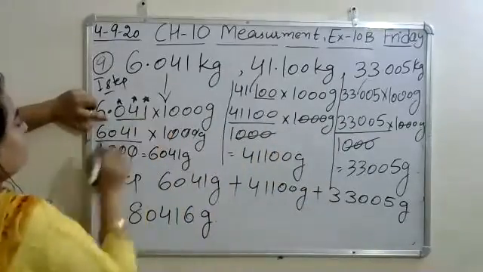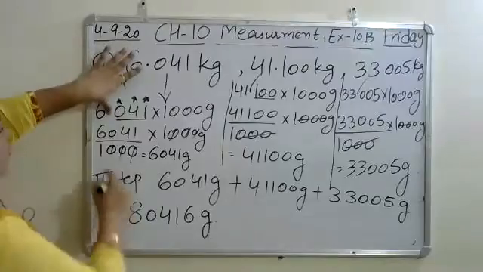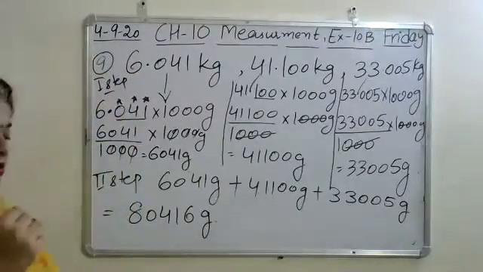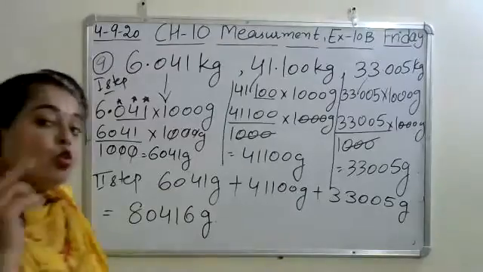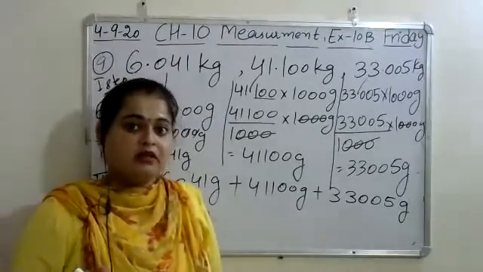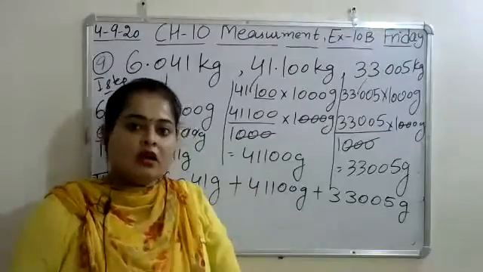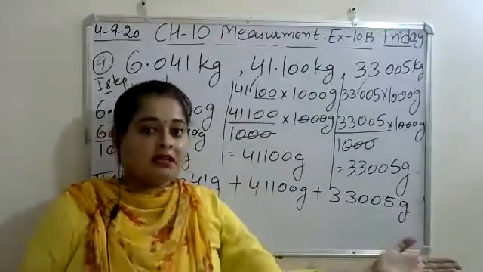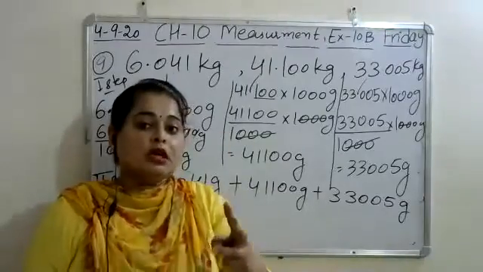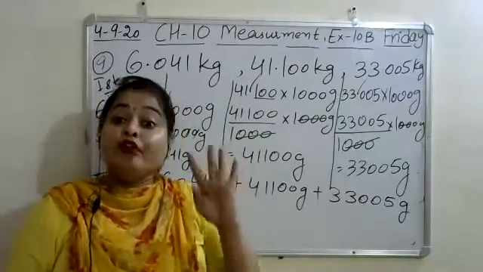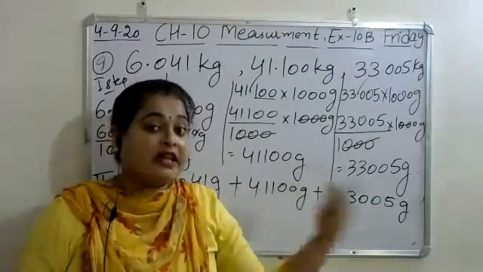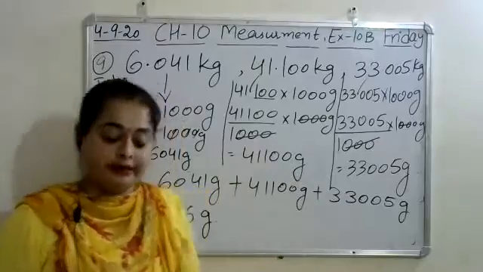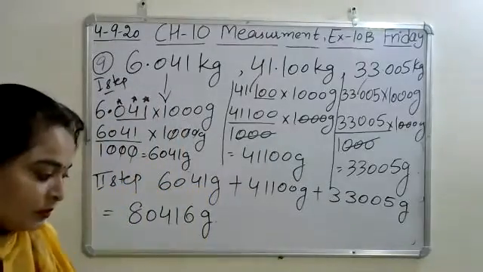It means whenever you remove the decimal, you will write 3 zeros. If we have 2 digits after the decimal, then we will write 2 zeros. If we have 3 digits after the decimal, then we will write 3 zeros. If we have 4 digits after the decimal, then we will apply 4 zeros in the denominator. So note down.